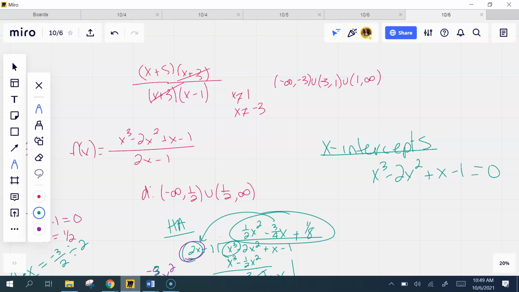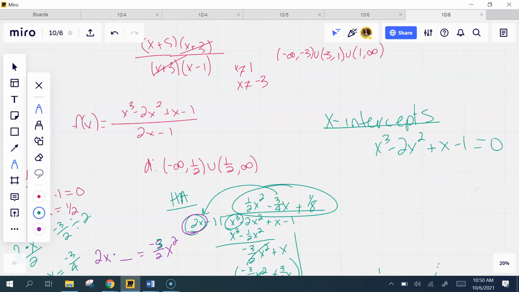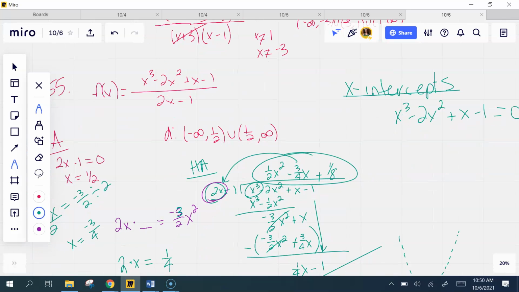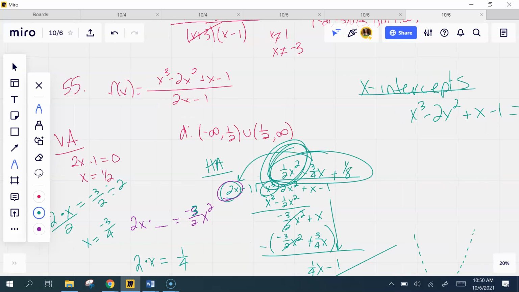Okay, but for this one, what you can do is say, well, I've already divided it. So two ways to do it, really. I've already divided, but you're doing the same thing. The end behavior here would be based on the slant asymptote, because it's telling you to divide. When you divide, you get 1/2 x squared minus 3/4 x, and whenever you do it, you base it on the first term.